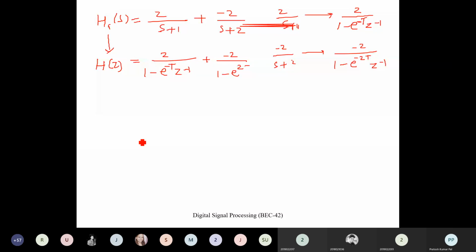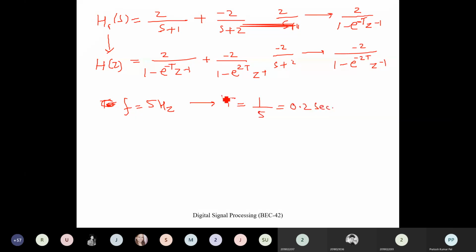So this t value is given. Suppose in that question the sampling frequency is given, like in terms of frequency, it is written like 5 hertz. 5 hertz is 0.2 second. So we will be replacing with 0.2 seconds.